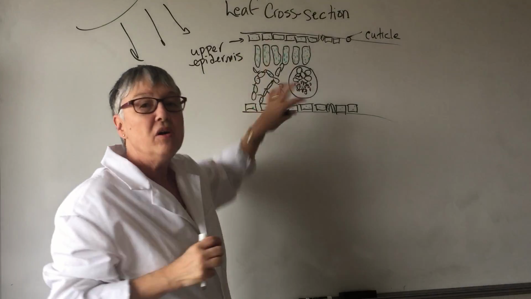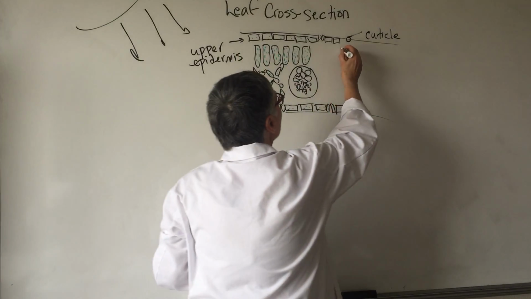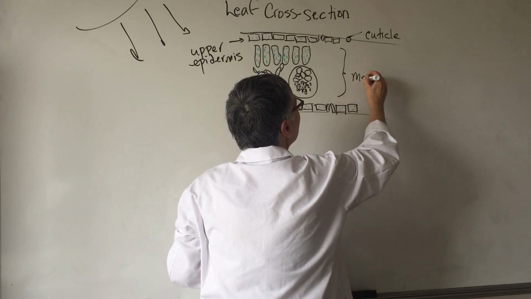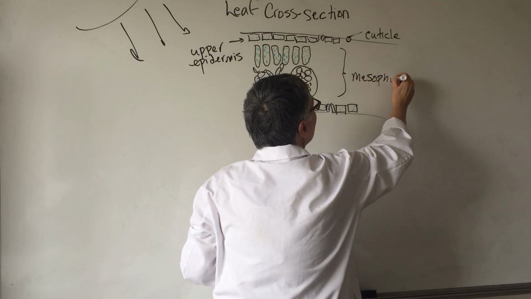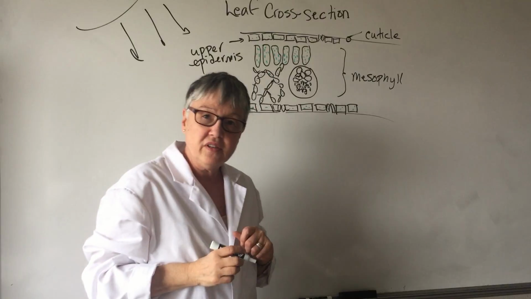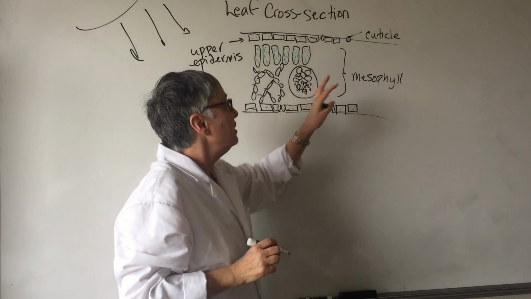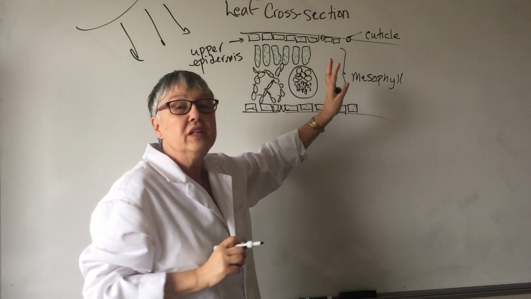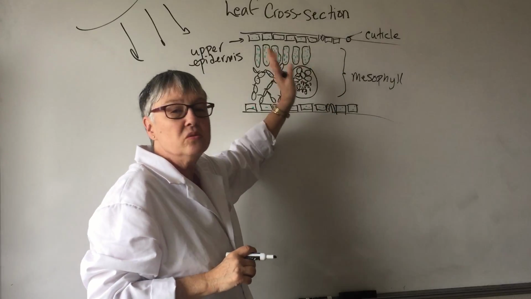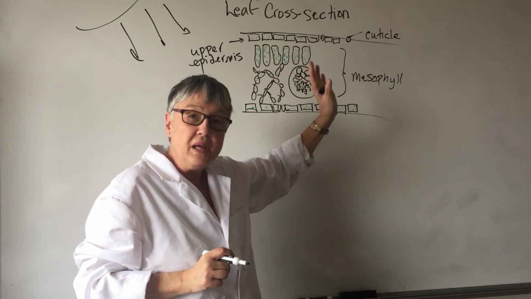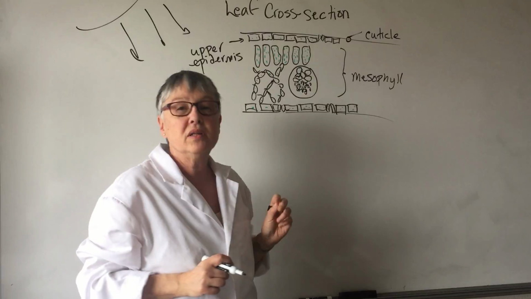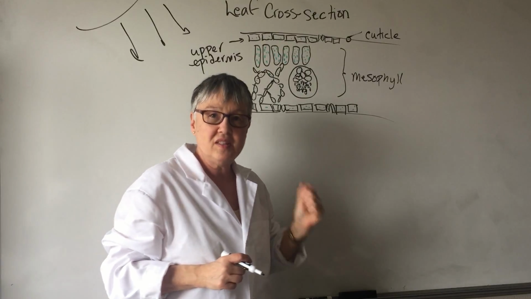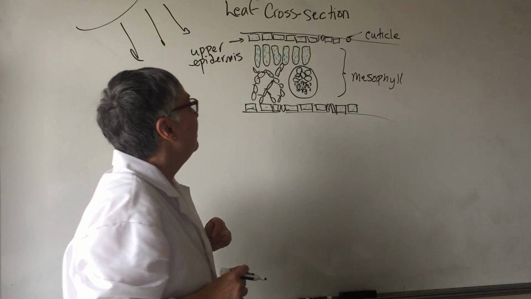The main part of the leaf is composed of a layer called the mesophyll. This is the tissue or the cells that have the most chloroplasts and are primarily responsible for photosynthesis in the leaf.